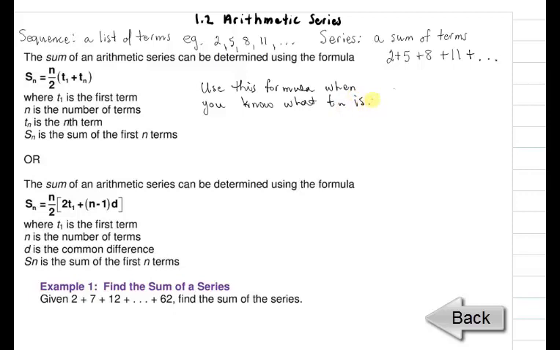Okay, and that would mean the last term in the series you want to calculate the sum for.